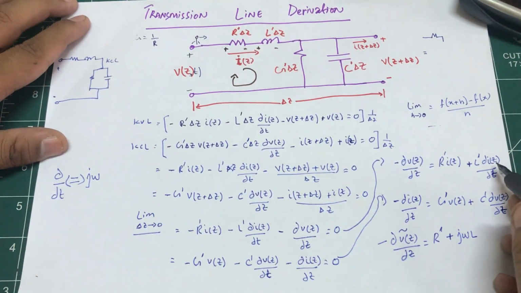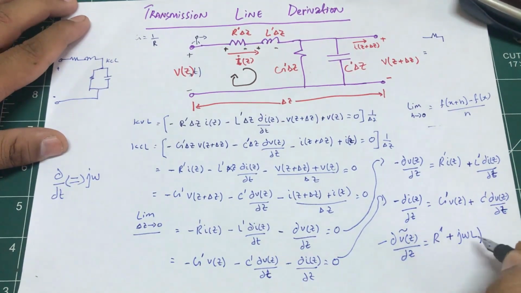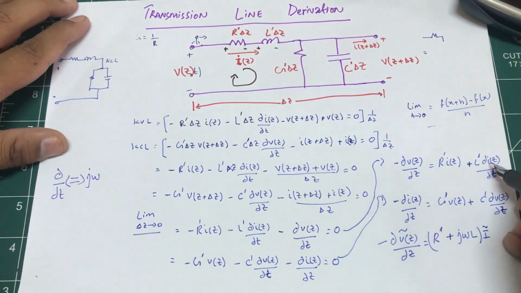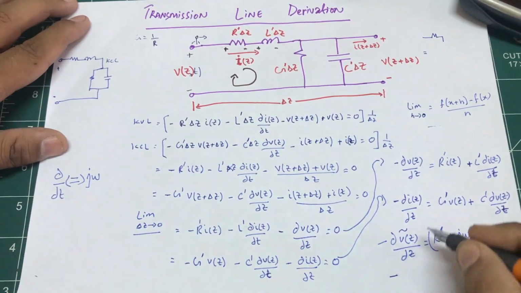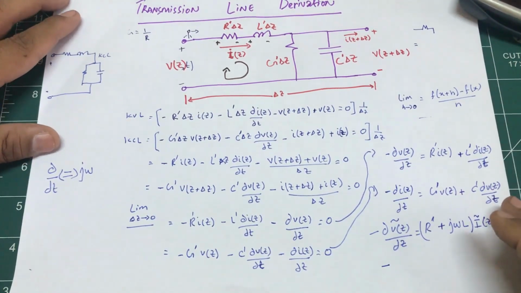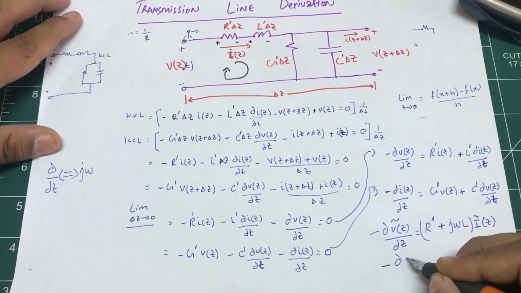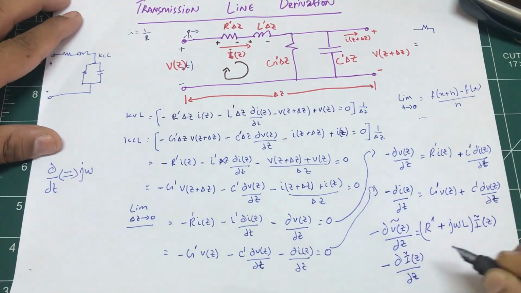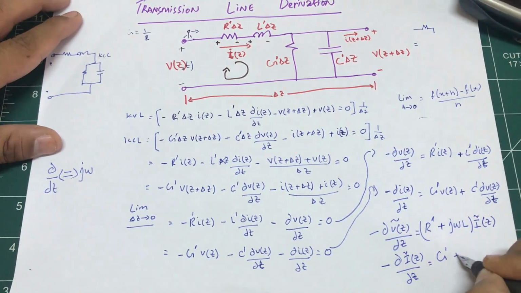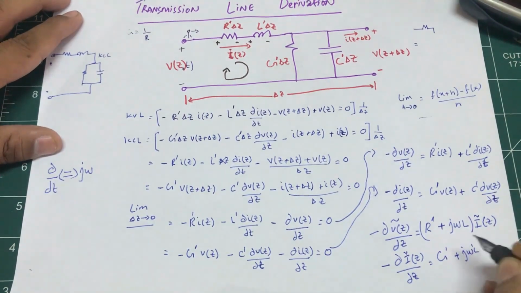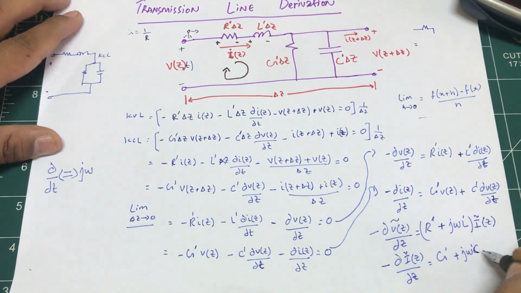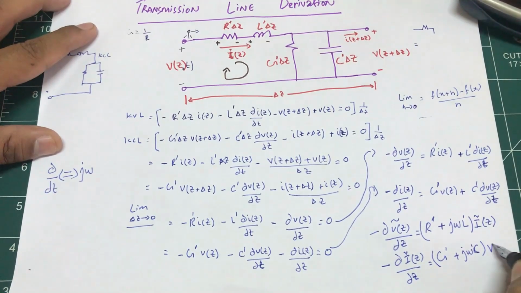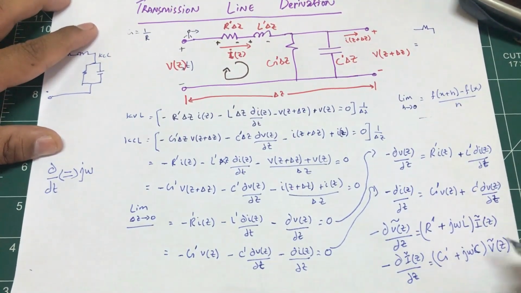The thing that is common is actually I of z, so I can take this I of z out. And let's change these small letters into capital letters to denote this is indeed in Phasor form. The second equation would become something like this: negative dI of z over dz is equals to G' plus j omega C' times V of z.